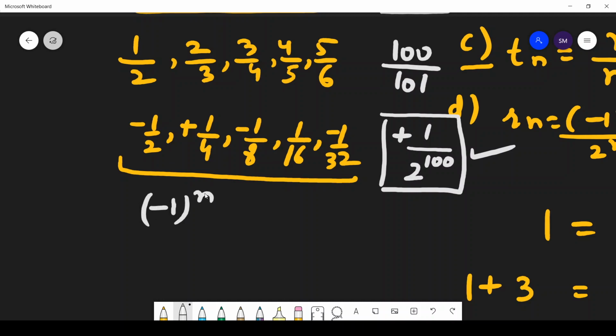So you will definitely find minus 1 raised to the power n in these kind of sequences, and its effect will be making the successive terms alternately negative and positive. Agreed, students?